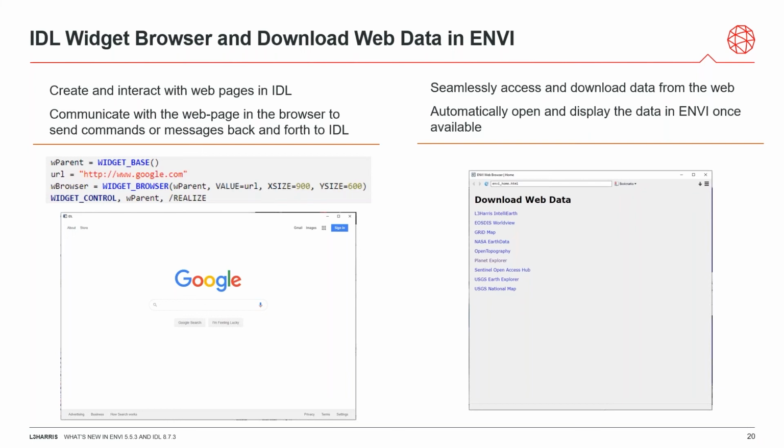So like for Planet Explorer, you can sign in, order your data, wait 5 or 10 minutes until it's available, download it, and then it'll automatically pop open and display that data in ENVI once it's ready to go. So this is a really helpful tool that's in ENVI and IDL. So it's a great way to access new data and create new widgets with IDL.